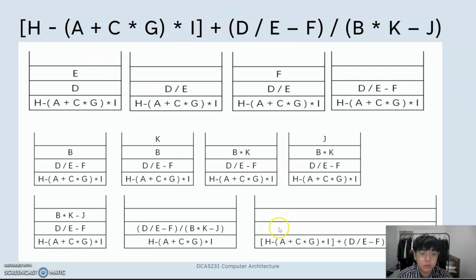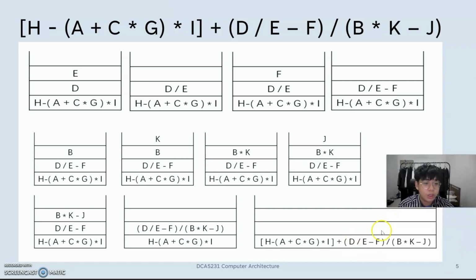So the solution will be H minus A plus C multiple G multiple I, and the plus is here, then D divided by E minus F divided by B multiple K minus J.